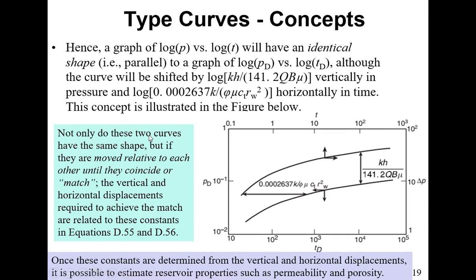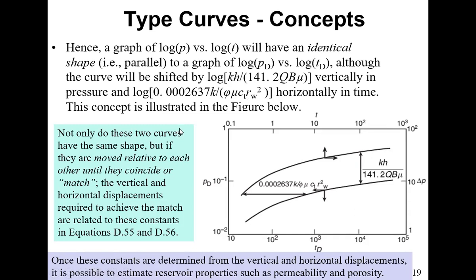The important thing is that on a log-log scale, the plots of the dimensionless variables, pressure and time, are identical to the plot for the dimensional variables, pressure and time. The only thing is that there would be a shift by these quantities.